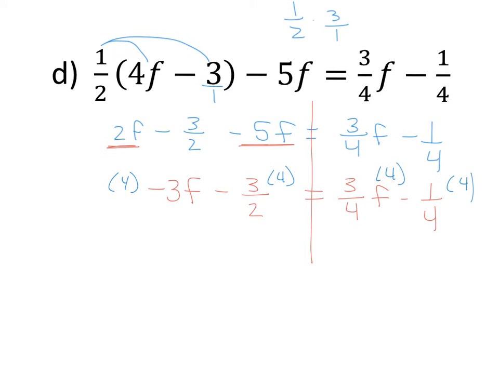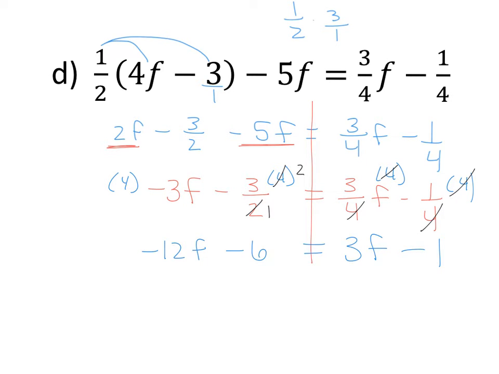So when I do that, I'm going to get negative 12f. Here, this guy's going to cross cancel to a 1 and a 2. So I'm going to get minus 6 equals, all right, this guy, the 4s will cancel because it's 4 over 1. Equals 3f, and then it'll be the same thing here. The 4s will cancel, and you're left with a minus 1. Okay, now this should look like what you just worked on in the previous examples on this video.